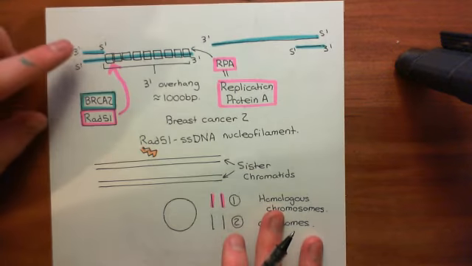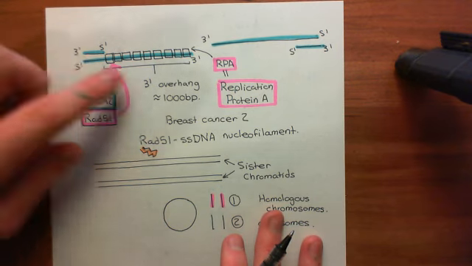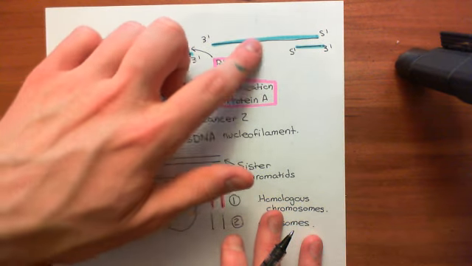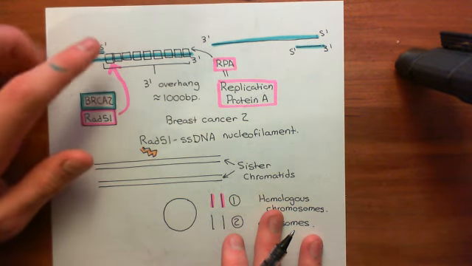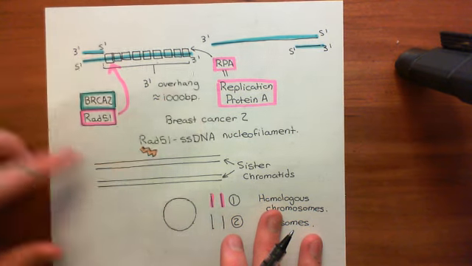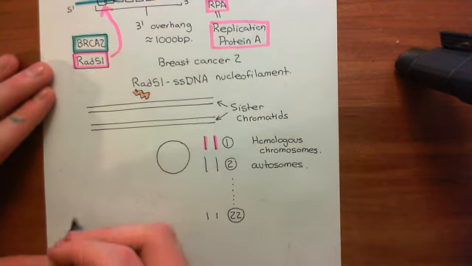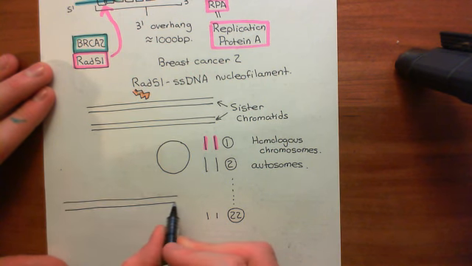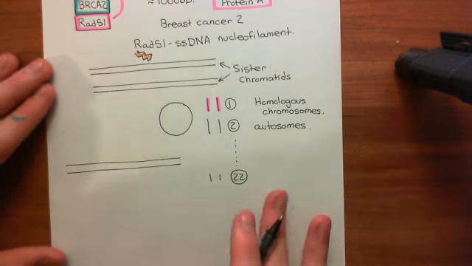So we will take this strand here. This portion here with this 3' overhang, we'll leave this one out for the moment, but it can do the same thing. But actually we only need one to undergo the strand invasion process, so we'll just say it's this one. So we have got this chromosome that we are going to use to reconstruct our broken area.